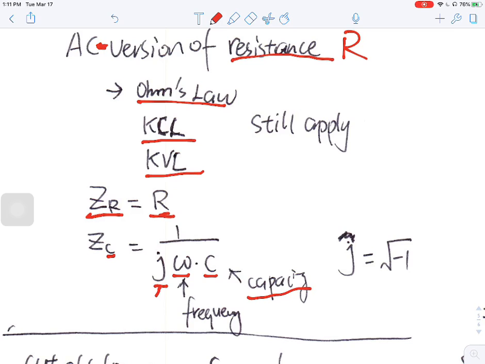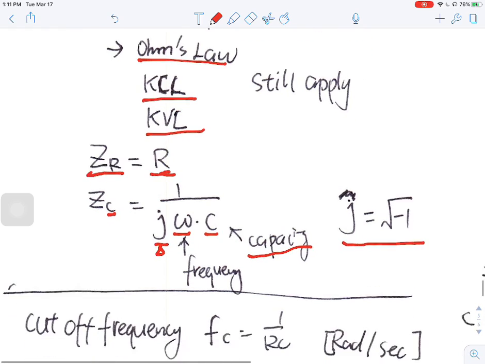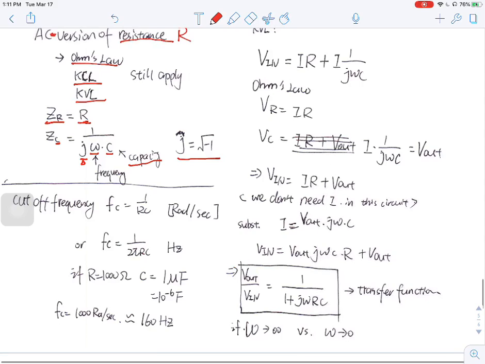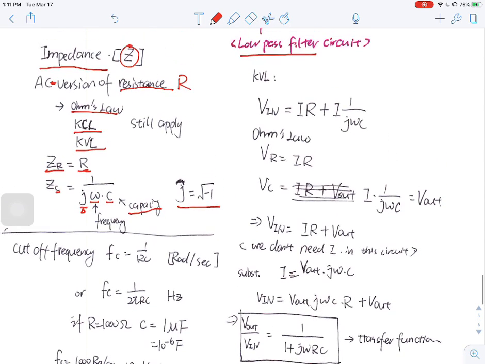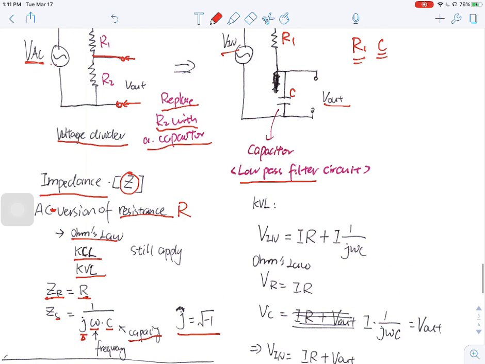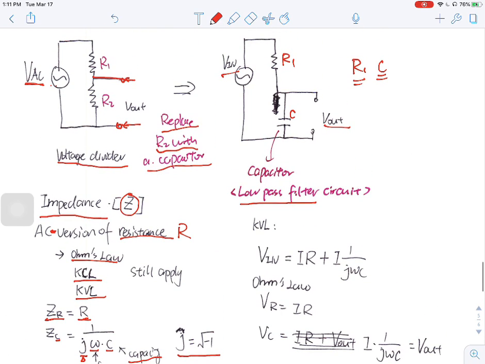And J here, J equals square root of -1. Okay. All right. So that's just what is impedance. And let's go back to this low pass filter circuit.